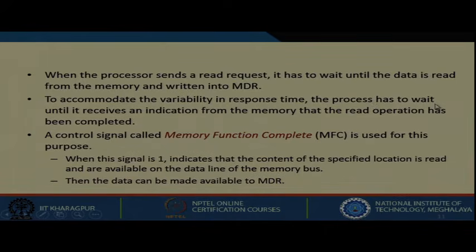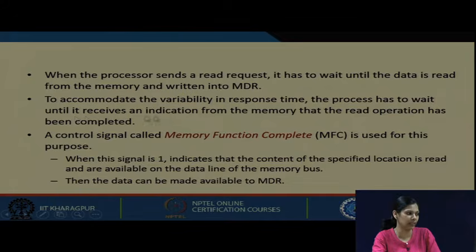So, to accommodate this variability in response time, the processor has to wait until it receives an indication from the memory. This indication is provided by a control signal known as memory function complete, MFC. Whenever memory function complete is provided, we understand that the data is now available in MDR.